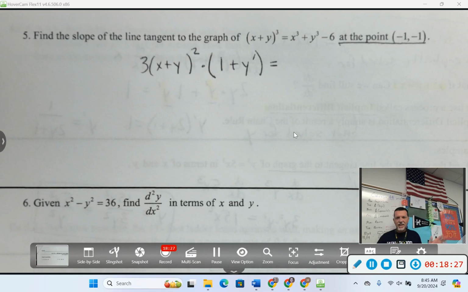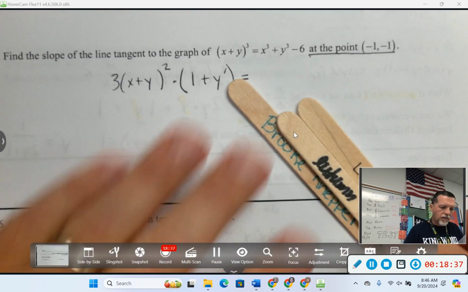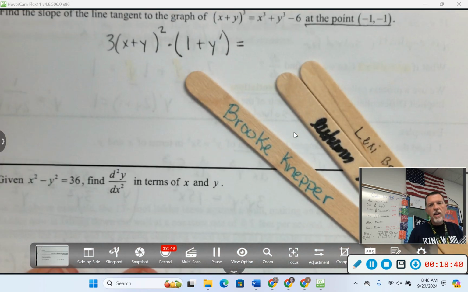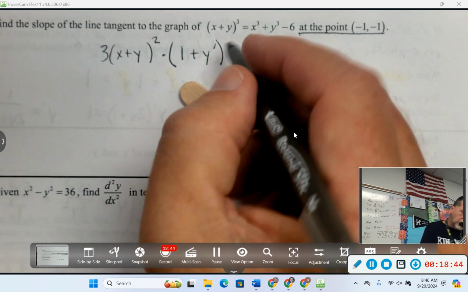So that left side got kind of ugly there. Right side, not too bad. So we can pick on 3 people for the 3 things on the right hand side there. Brooke, what's the derivative of x cubed? 3x squared.